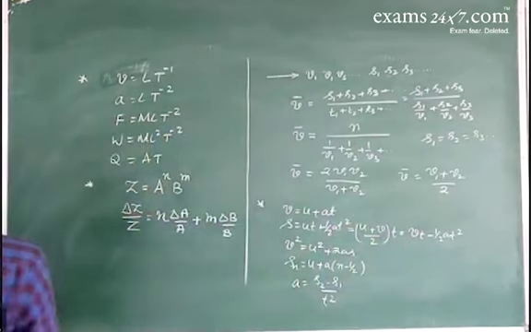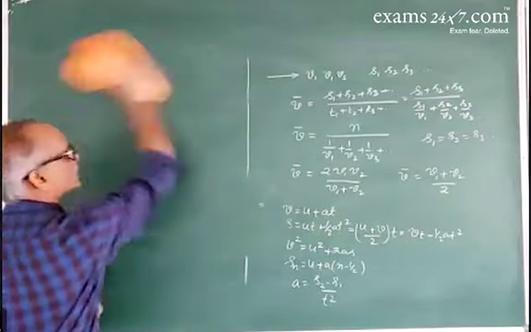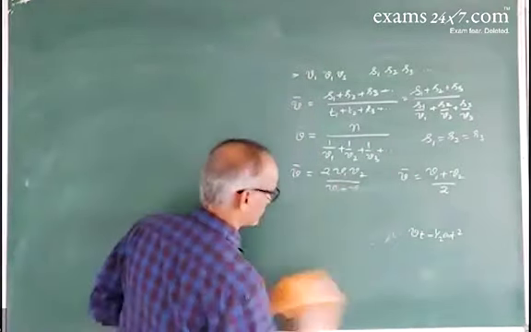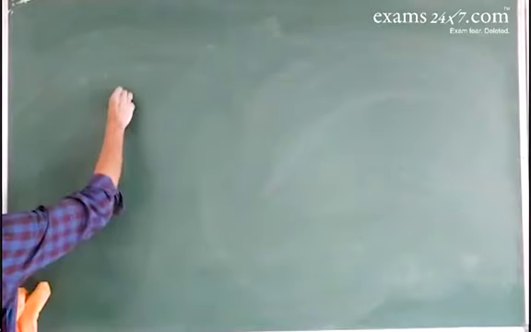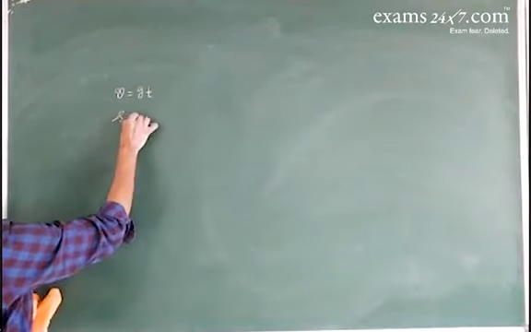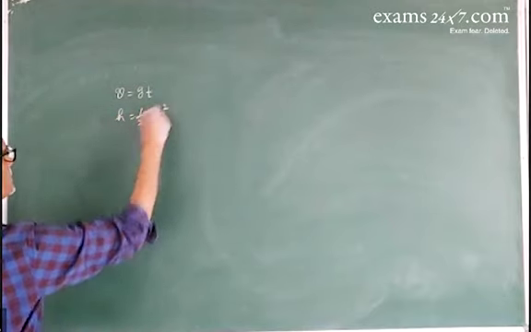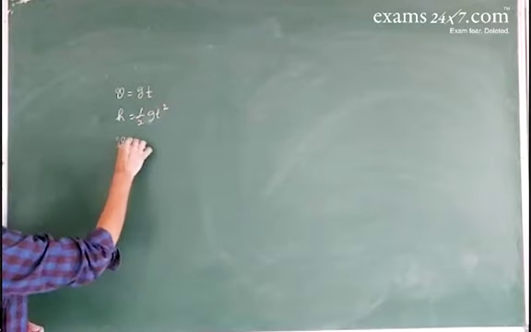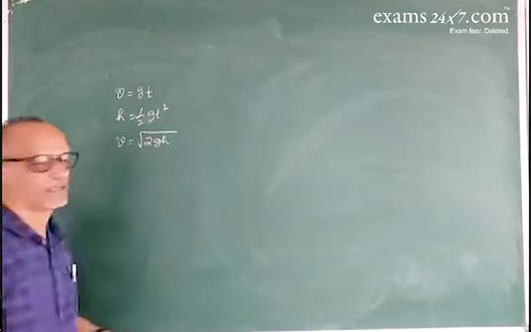When the body moves under the action of gravity, some simplified versions of the formulas are very important. That's v is equal to gt, h is equal to half gt square, v is equal to root of 2gh.